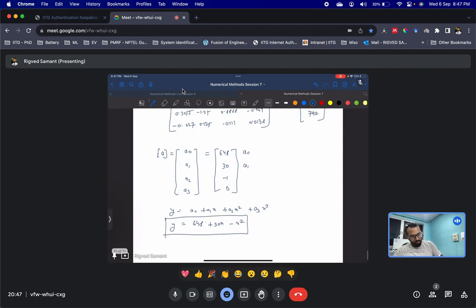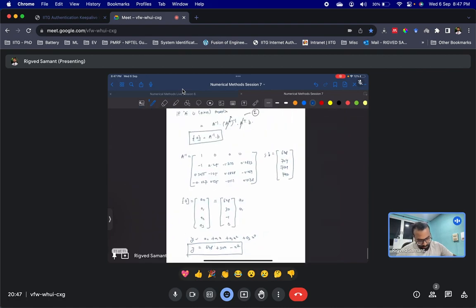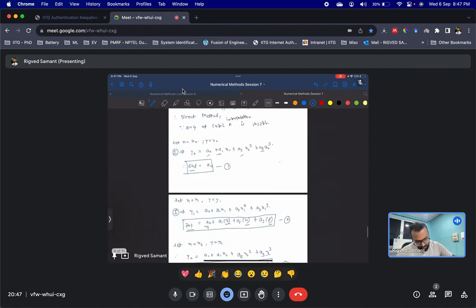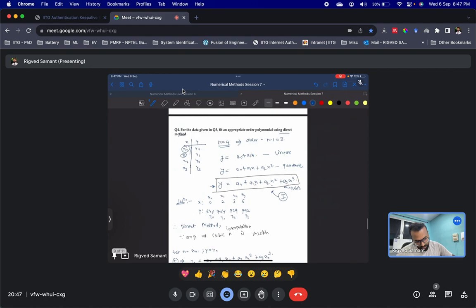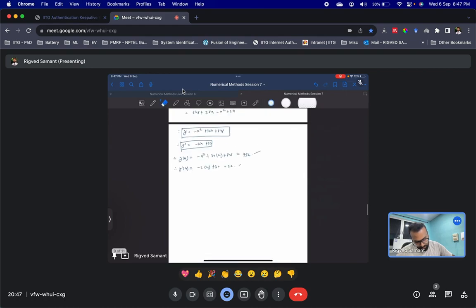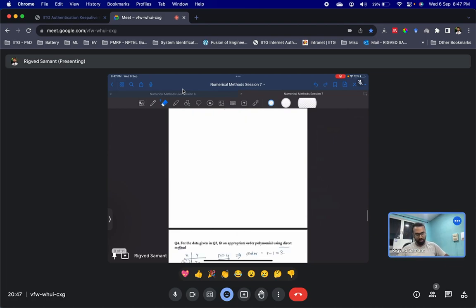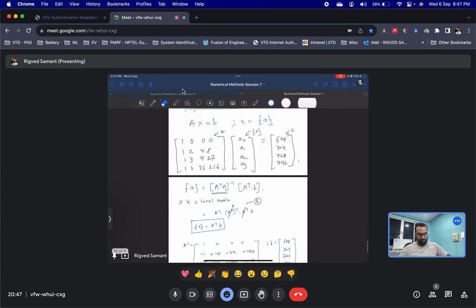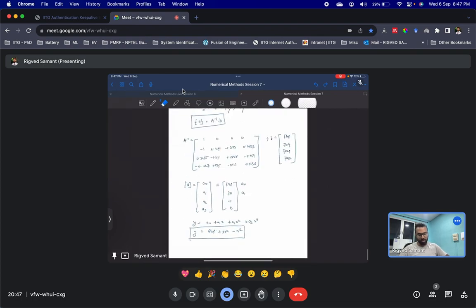If you compare it with the last question, what equation we had got was 648 plus 30x minus x square. So we got a similar thing here.